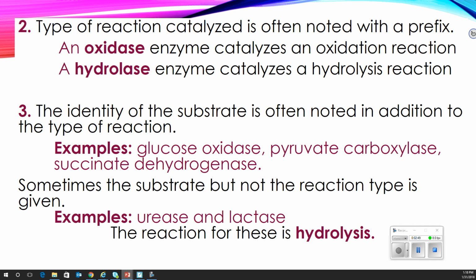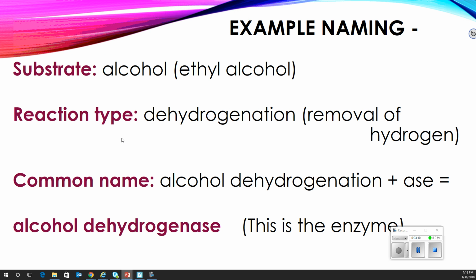Sometimes you can't recognize the substrate by the name itself. So urease and lactase usually are hydrolysis reactions, but they're not told that they're hydrolysis. Does that make sense? So there are some that you just need to know by memorization, and those two are hydrolysis.